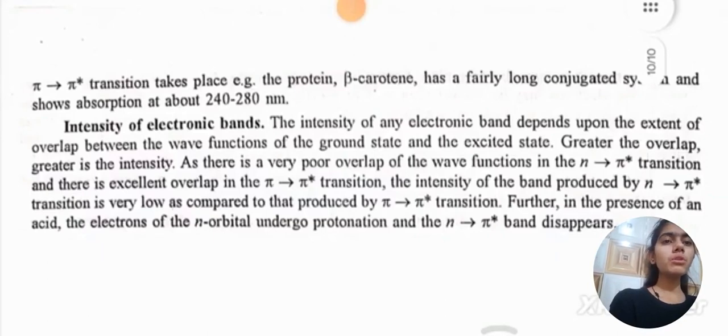As there is a very poor overlap of the wave function in the n to pi star transitions and there is excellent overlap in the pi to pi star transitions, the intensity of the band produced by n to pi star transition is very low as compared to that produced by pi to pi star transition. Further, in the presence of an acid, the electrons of the n orbital undergo protonation and the n to pi star band disappears.